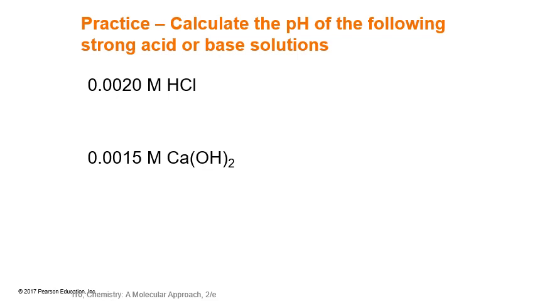For HCl, we know that our H3O+ concentration is equal to that of the acid. And so to find the pH, it's just a matter of taking the negative log of this concentration.